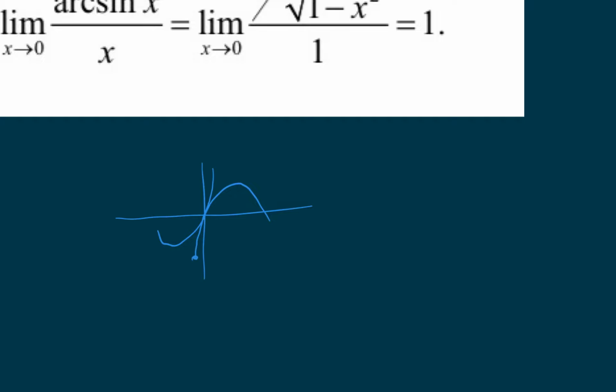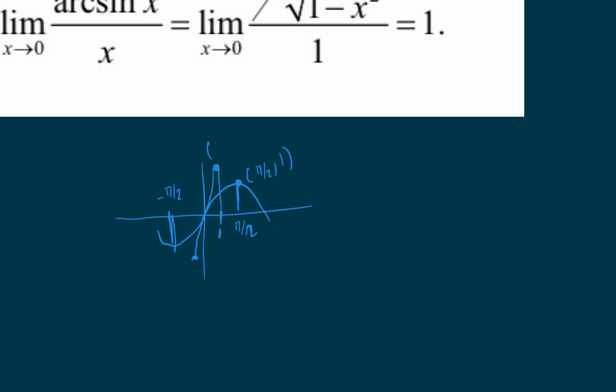Sine of x is restricted to between minus pi divided by 2 and pi divided by 2 to get the arc sine of x. The point pi divided by 2, comma 1, gives the point 1 comma pi divided by 2, which belongs to the inverse function.